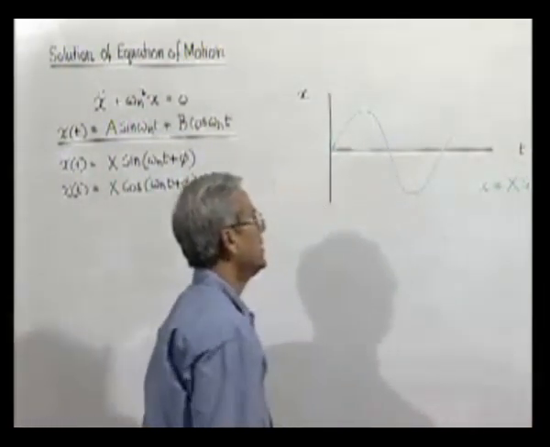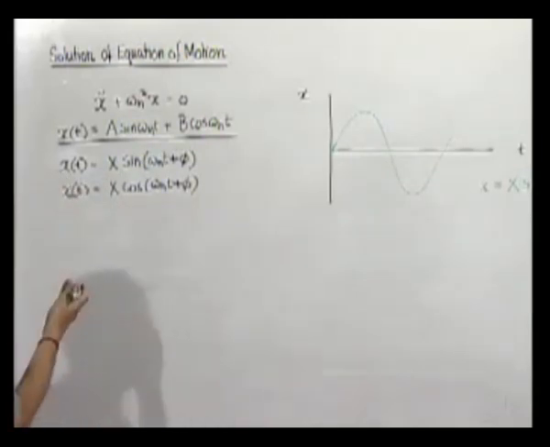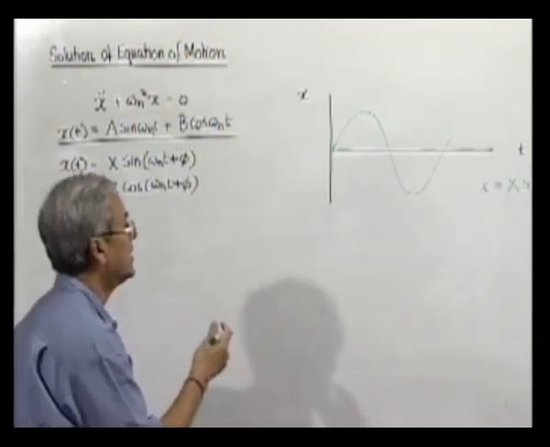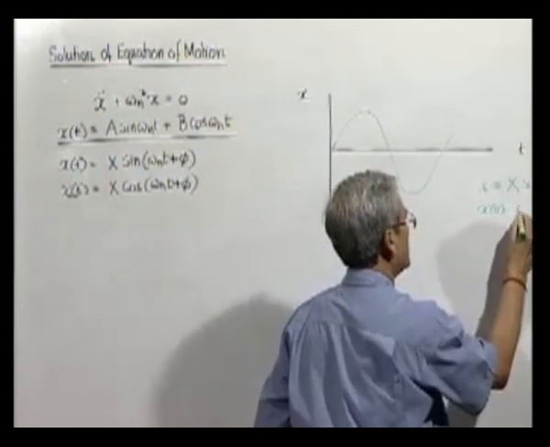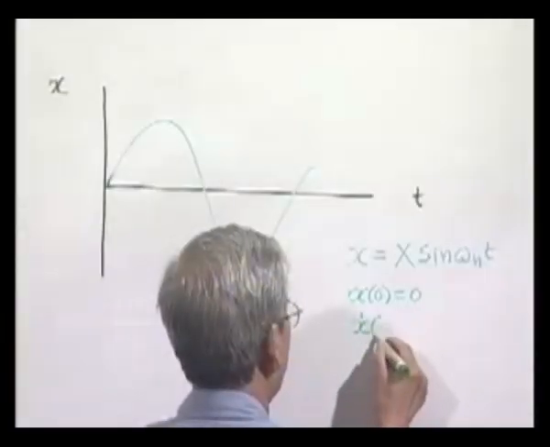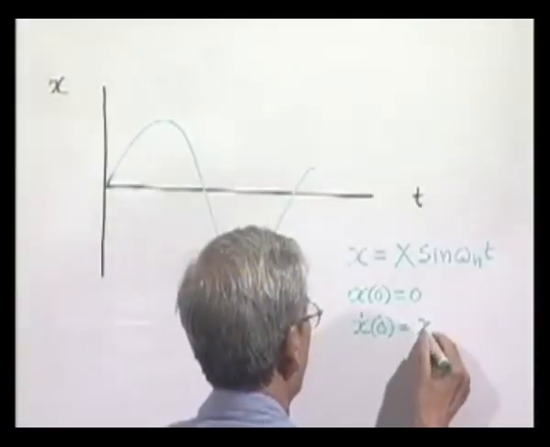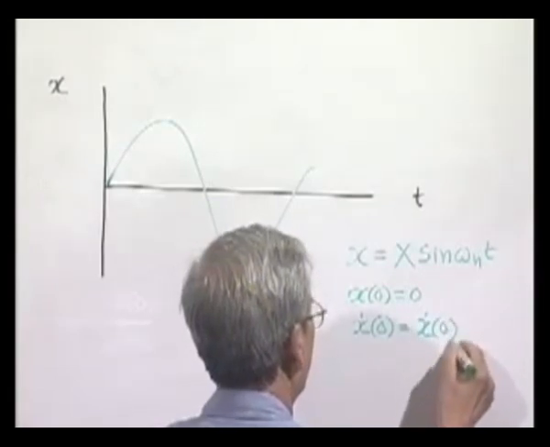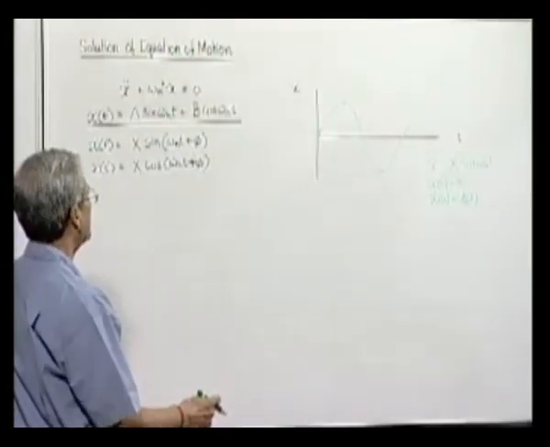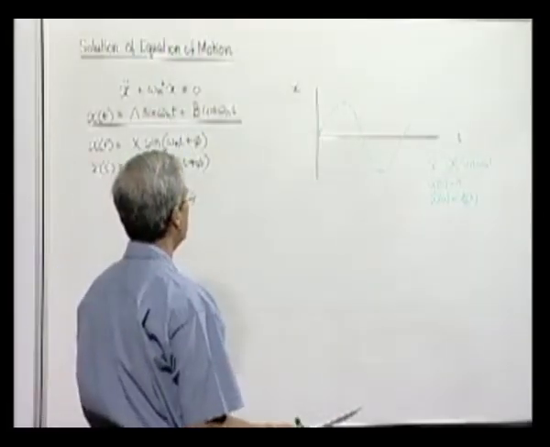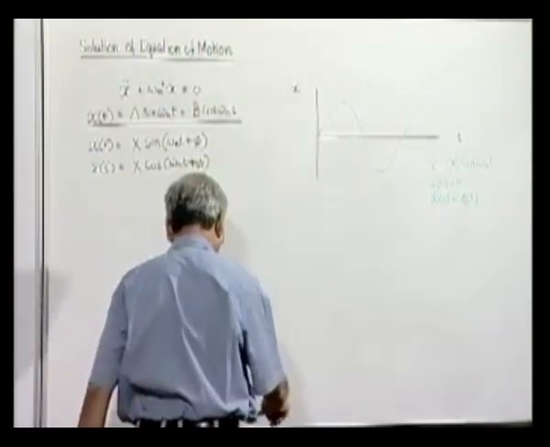that means when we get it, already we have seen it, that this is the situation when x0 is equal to 0, x dot 0 is equal to x dot. So, that means you start without any initial displacement, but with a velocity.